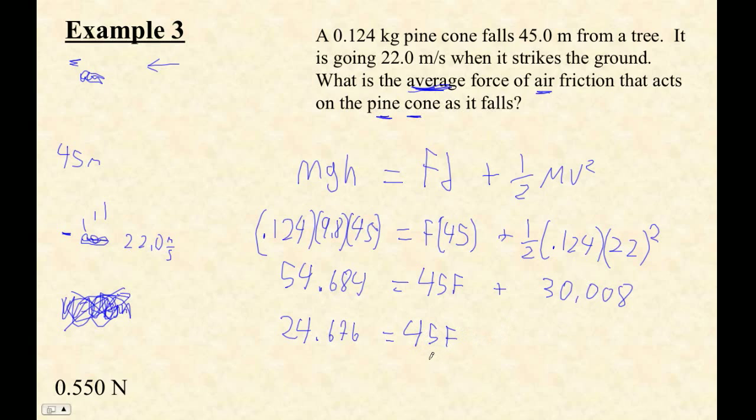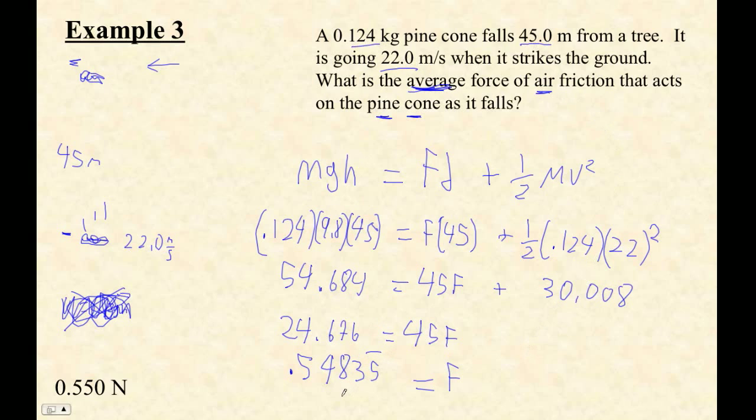And now I can divide both sides by 45, and I get 0.54835 equals F, right? And so then it looks like we have 3 digits there, 3 there, and 3 there, right?